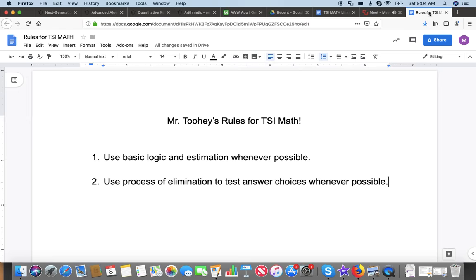Which takes us to rule number 2. Go ahead and read rule number 2 for me, please. Use process of elimination to test answer choices whenever possible. Yeah, I really love process of elimination. I'm going to really stress that throughout the class. And if you do process of elimination, even if you know the right operation, you're doing two things.